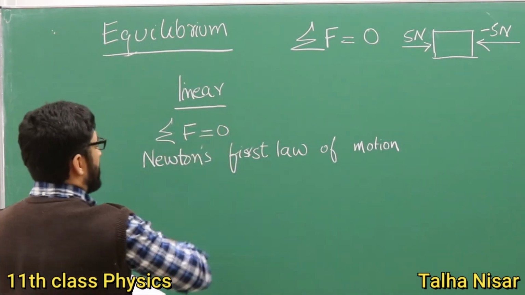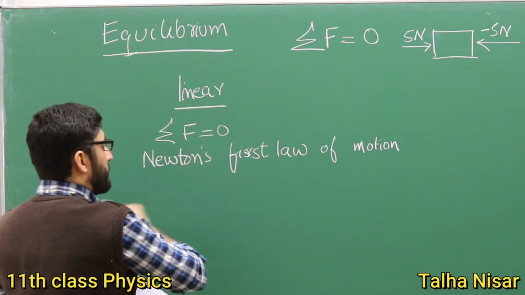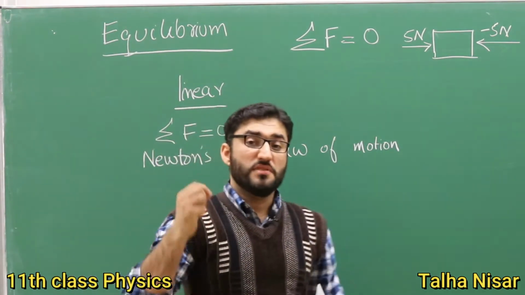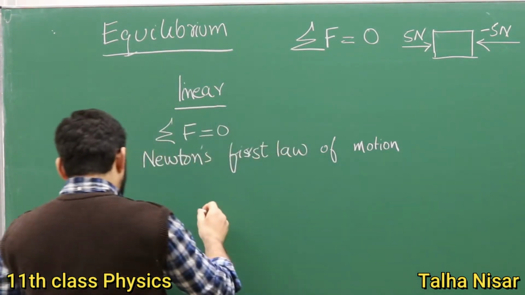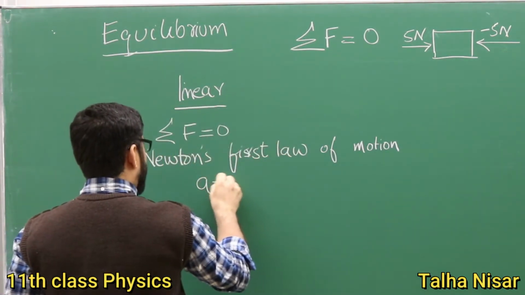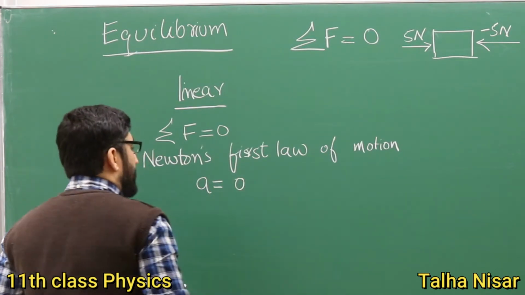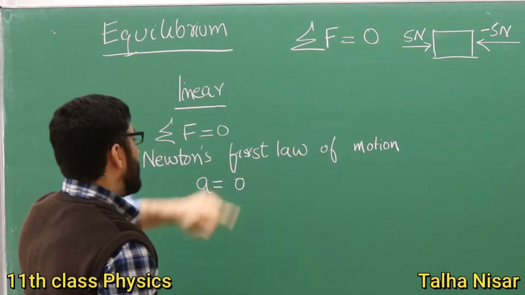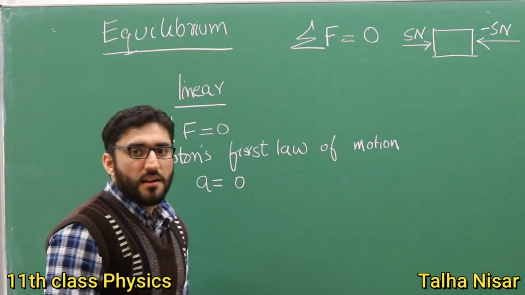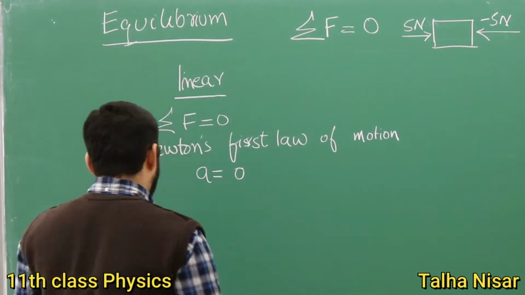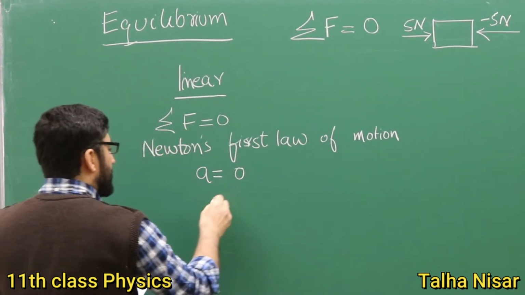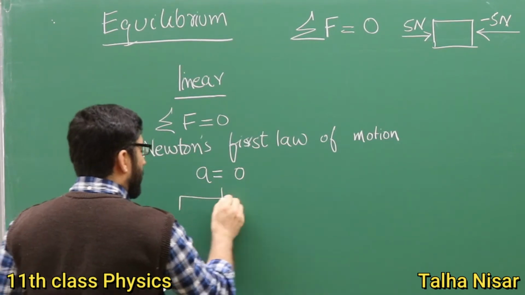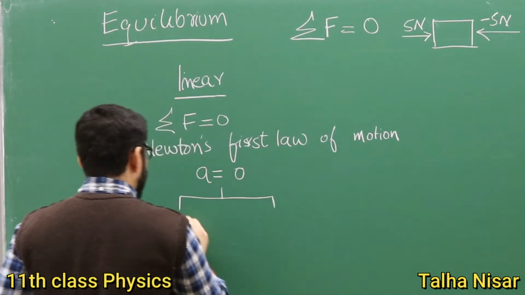So if the force is 0, according to Newton's first law and also according to Newton's second law, the acceleration will be 0. Because F equals ma according to Newton's second law of motion, if the acceleration is 0, then we have two possibilities.